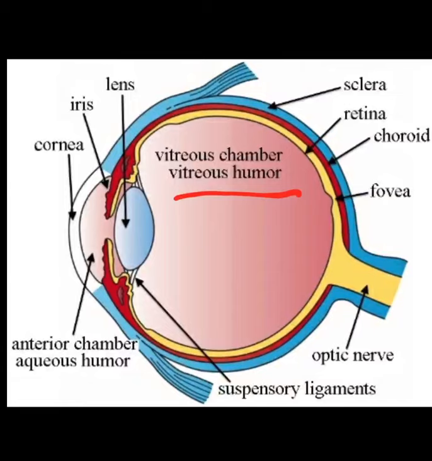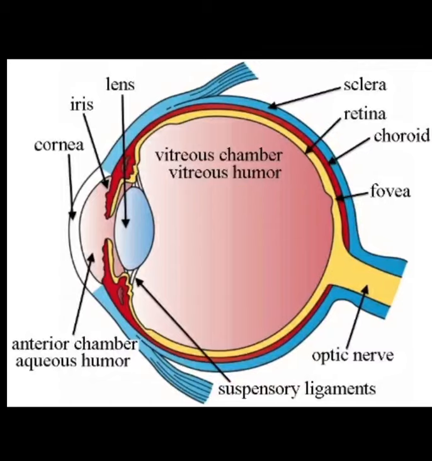First, it helps in keeping the shape of the eyeball. It helps the eye keep its shape, and it also protects the retina and its nerve endings. It provides proper shape to the eye wall, and it also helps in the protection of the retina.